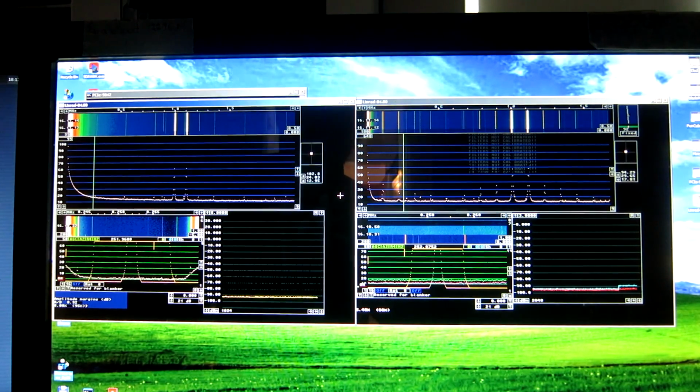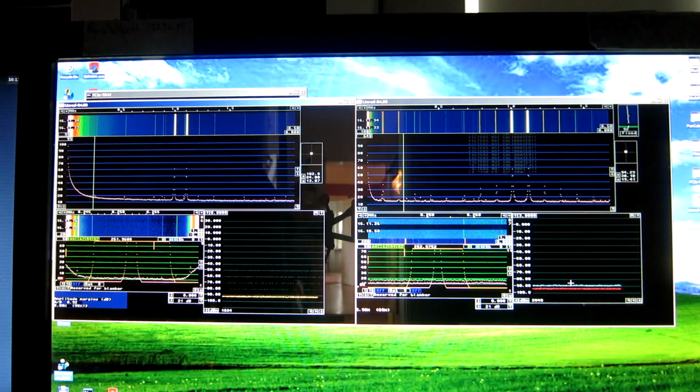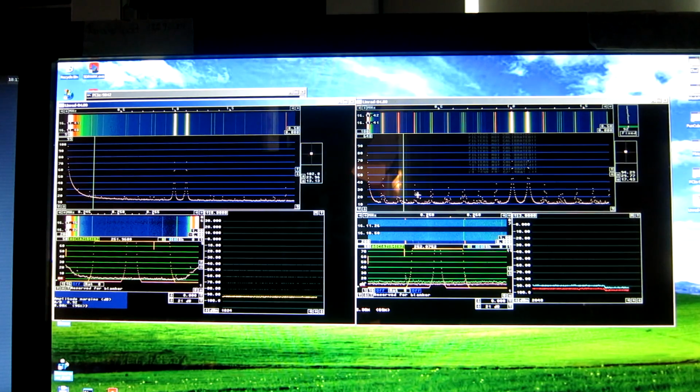Now it's minus 50, and you can see how much higher the noise floor became. Look here, 8 decibels or something like that. Maybe less, 6, 7 perhaps. And I continue and increase the signal level again. And you see all the false signals become strong, but the noise became lower.